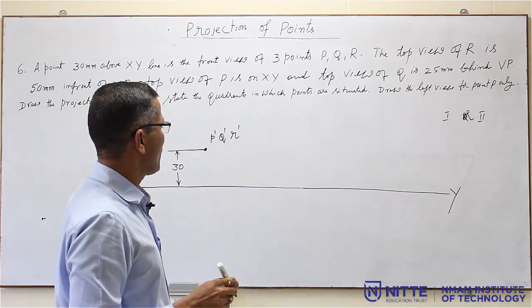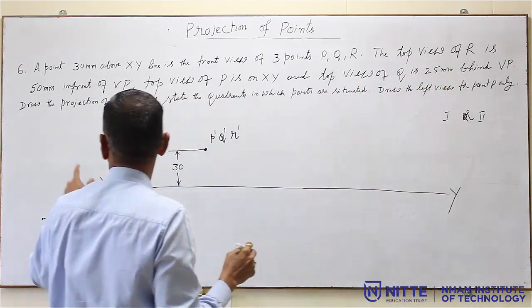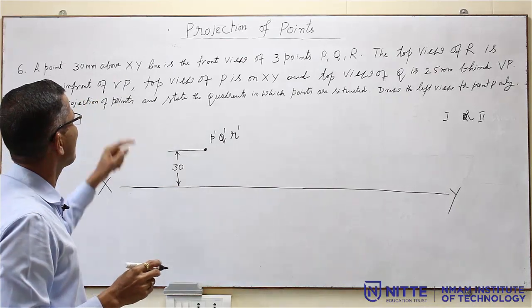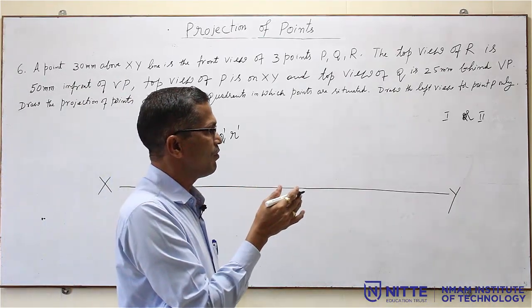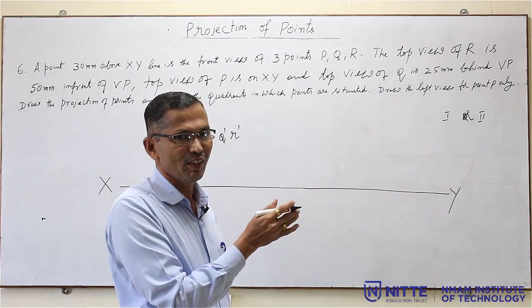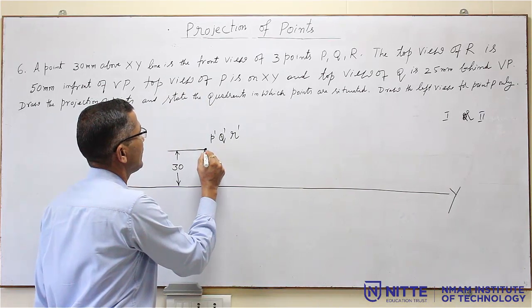Now, we will analyze one by one. The top view of R is 50 mm in front of VP. In front of VP means which quadrant will it come? It will be the first quadrant.